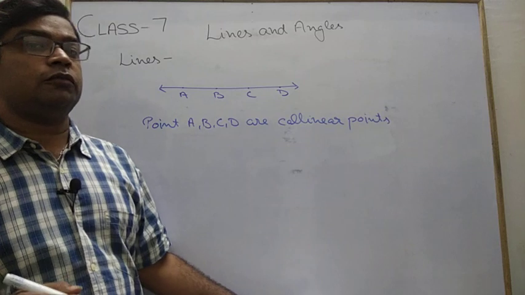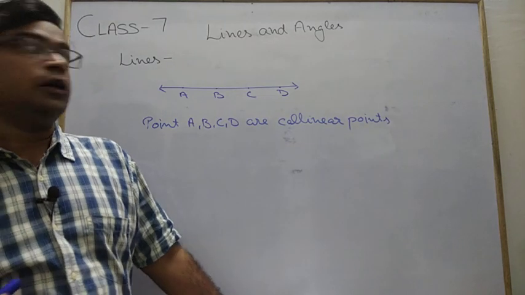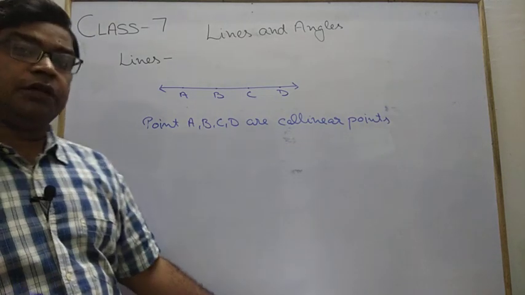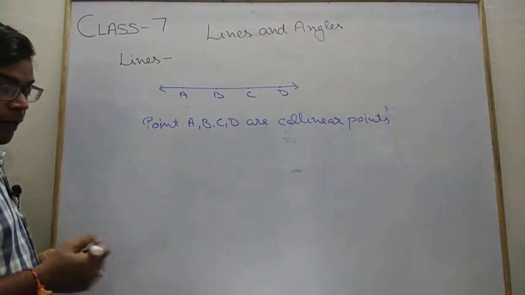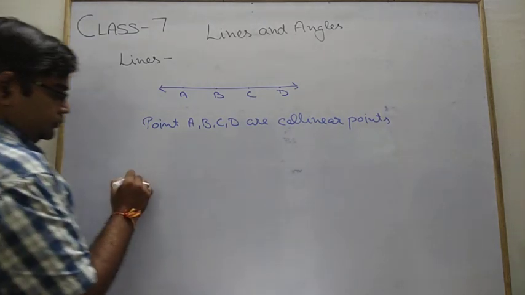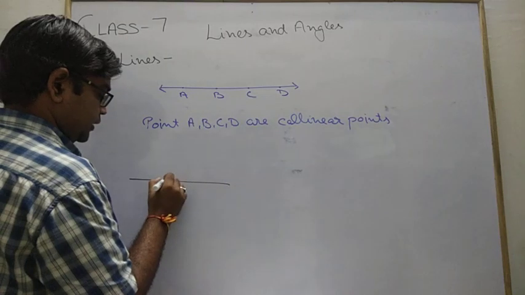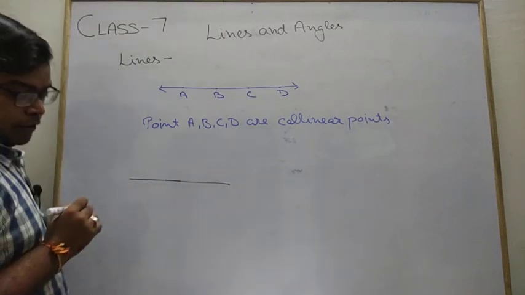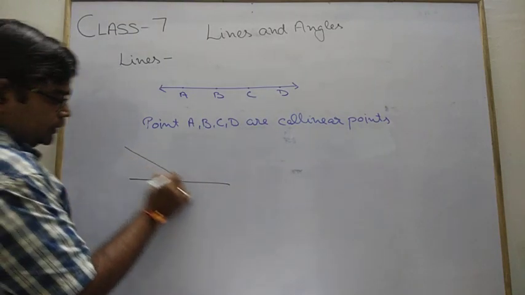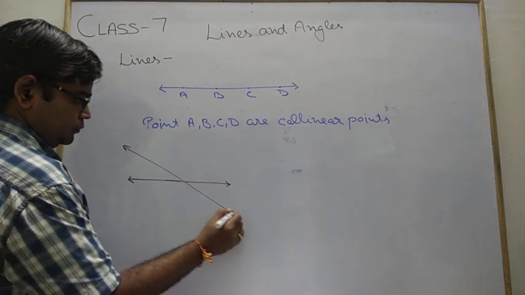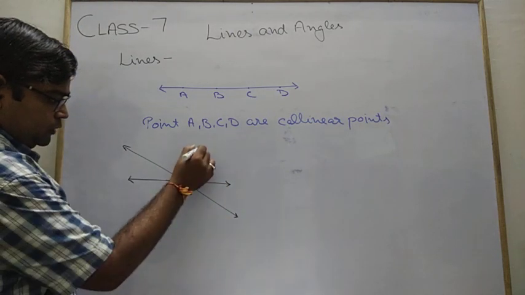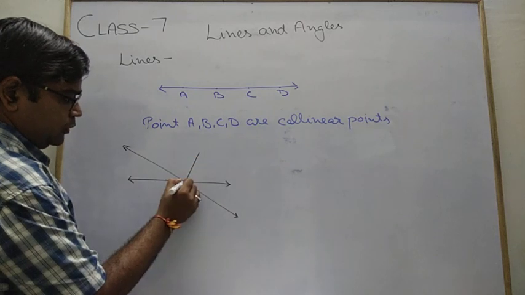Then one more, concurrent lines. What is the meaning of concurrent lines? For this I am using black ink. Suppose this is your line, whatever you have. Another line is there, and from this point another line is there, all crossing at a point.